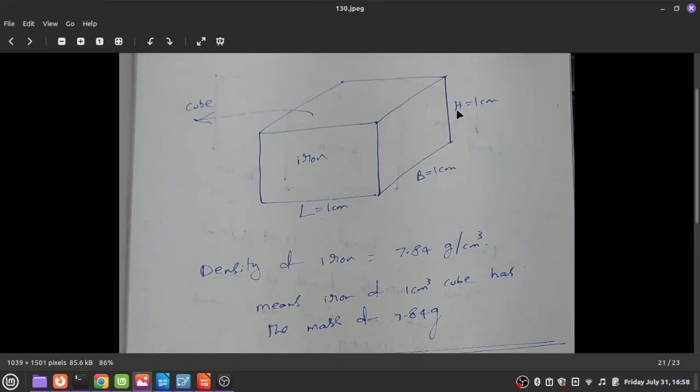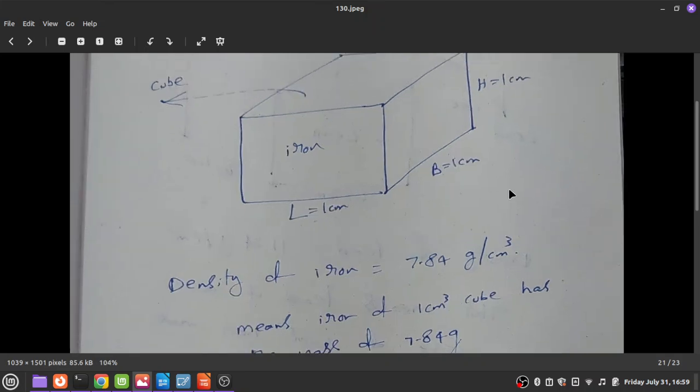For this, you have taken a piece of iron. The piece of iron is exactly in the form of a cube. A cube has 6 sides. It is a solid material which has length, B means breadth, H means height. Length means podavu, breadth means vedalpu, height means ettu.